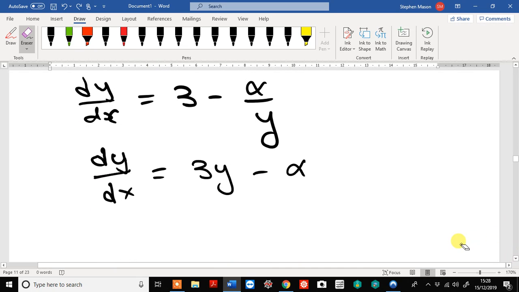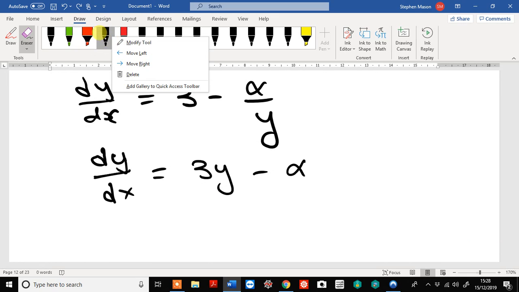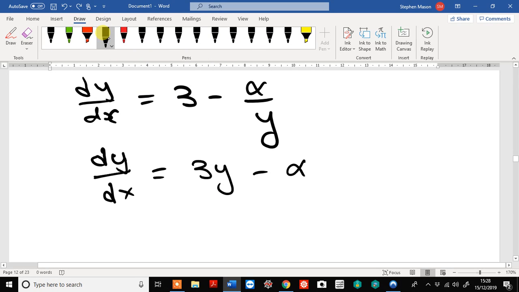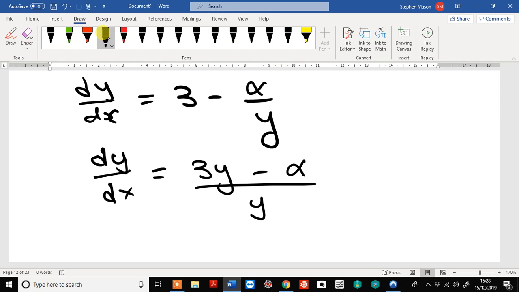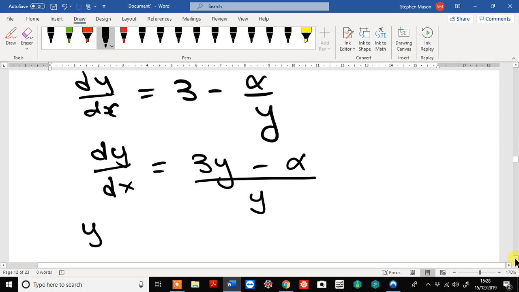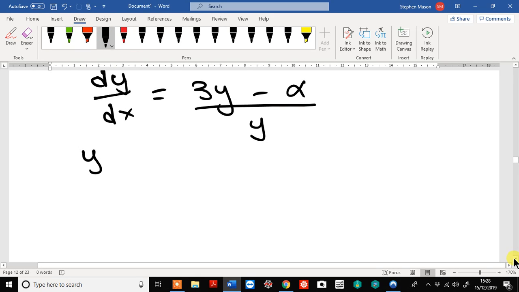Technical hitches. Right, so 3 minus alpha over y just becomes 3y minus alpha all divided by y. We can cross multiply by y and dx, and we can divide both sides by 3y minus alpha.